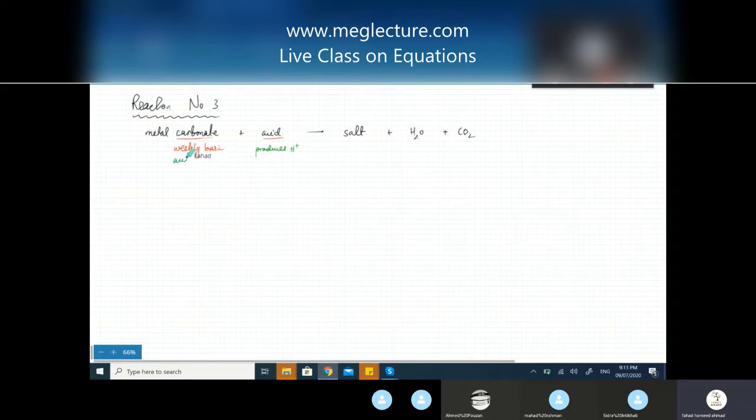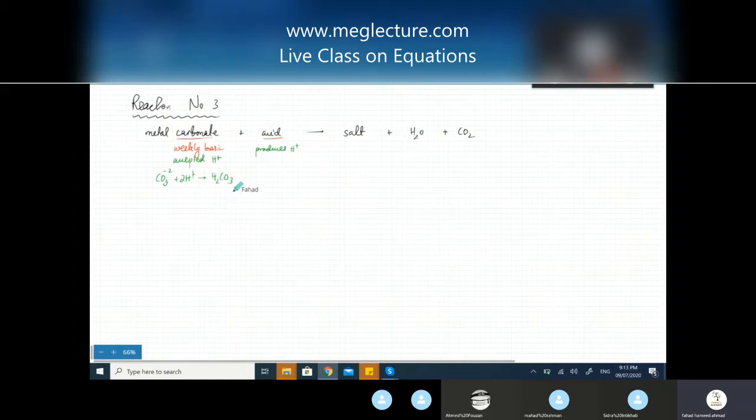They accepted or gained H+ ions. So carbonates have a very strong tendency to attract H+ ions. They can attract 2 H+ ions to form H2CO3 back again. Sometimes they might accept 1 H+. So they have this tendency to gain H+ ions.